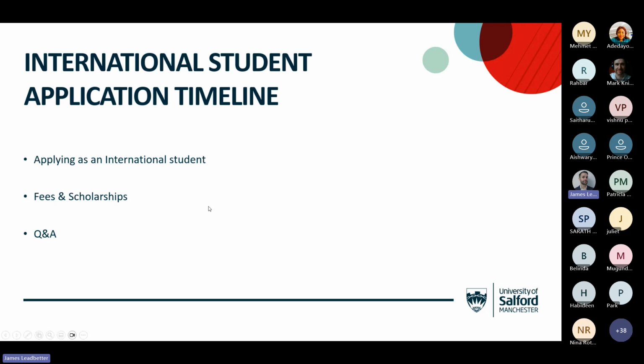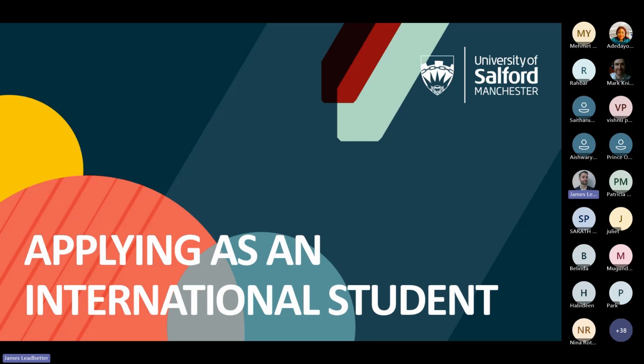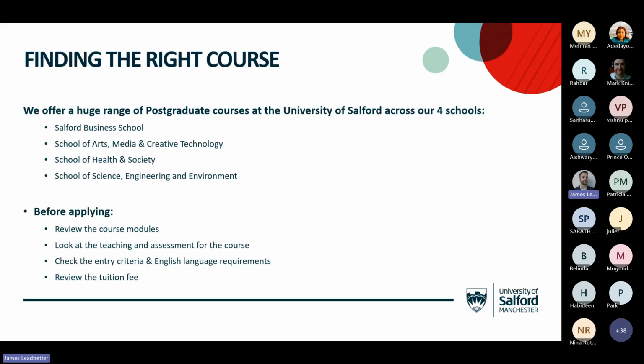So to start things off, applying as an international student. I think one of the first things you really need to look at is finding the right course that you want to come and study. Here at Salford, we offer a really huge range of postgraduate courses across our 4 different schools. So we have Salford Business School, our School of Arts, Media and Creative Technology, Health and Society, and our School of Science, Engineering and the Environment.